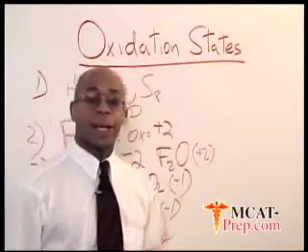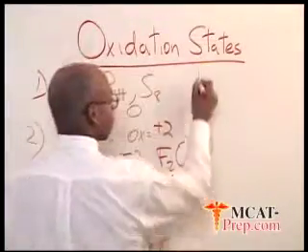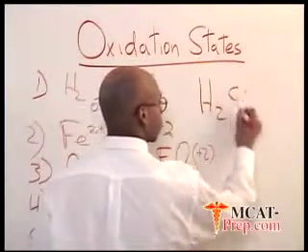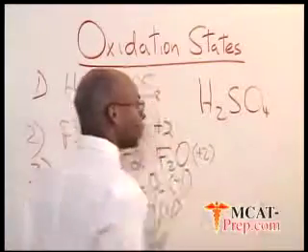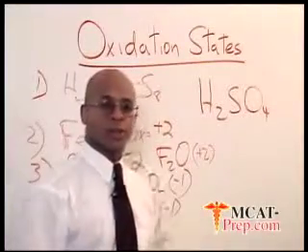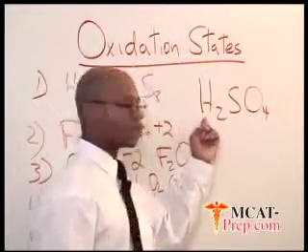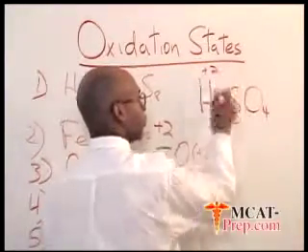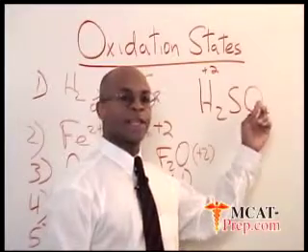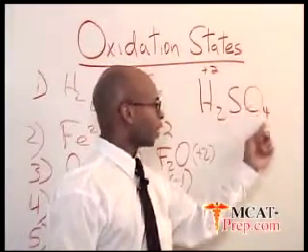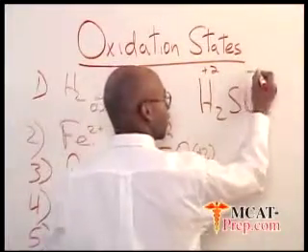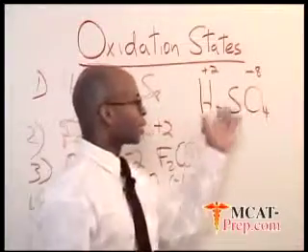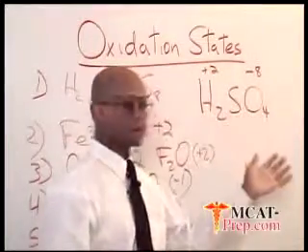For example, H2SO4. So using the rules of oxidation numbers, hydrogen is +1. So this is +2. The oxygen is -2. -2 times 4, that's -8. This substance is neutral. There's no overall charge.